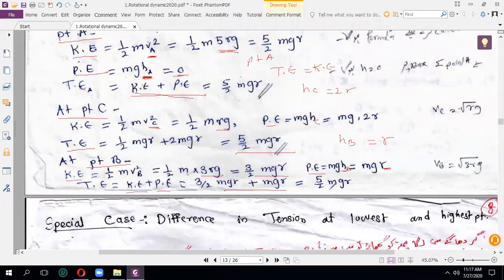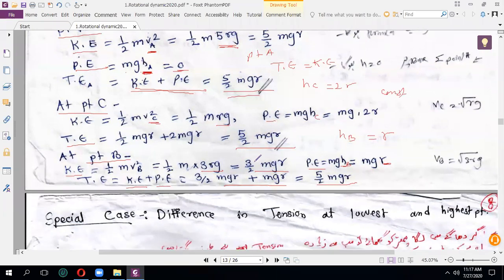Calculate this part, and we get 5 upon 2 mgR. So what we understand in this situation is that at each point the energy is constant. At point A, 5 upon 2 mgR. At point B, 5 upon 2 mgR. At point C, 5 upon 2 mgR. Correct?